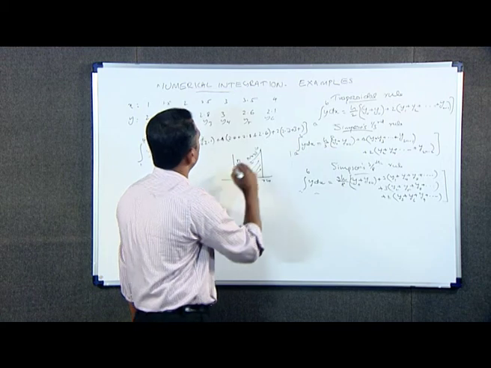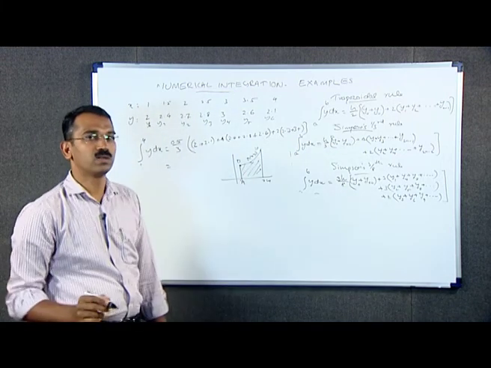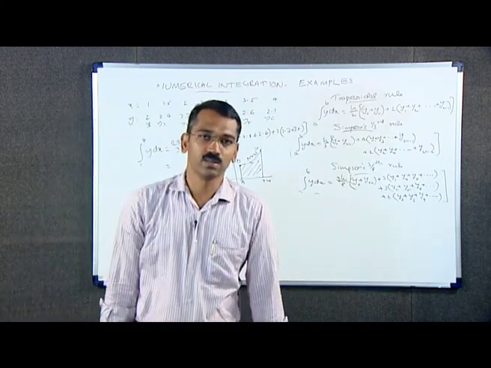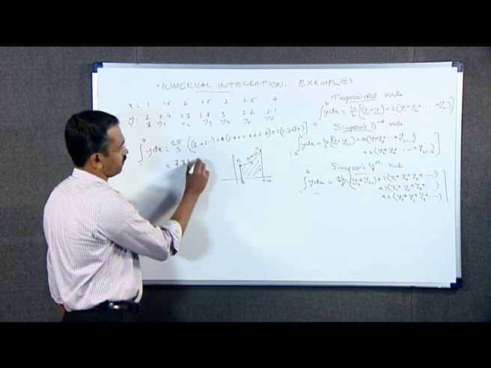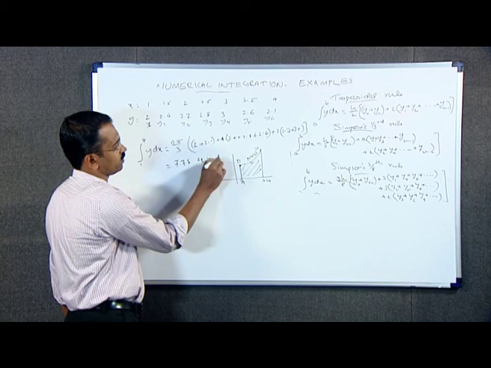Okay, this is equal to, on simplification, we get the area as 7.78 square units.